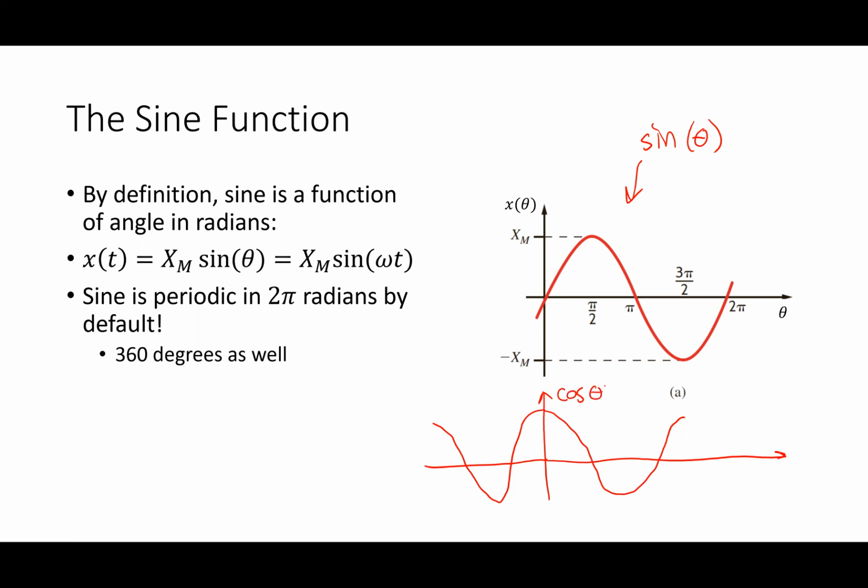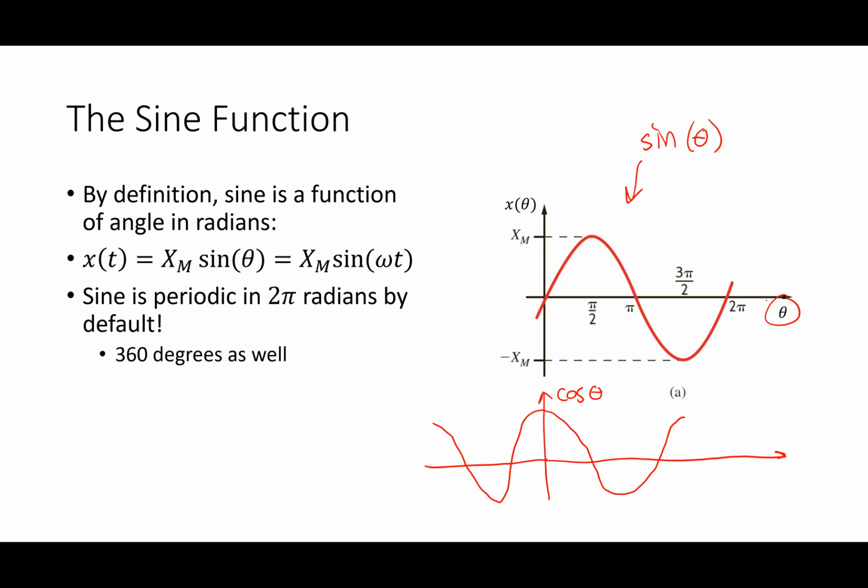Now, one of the important things we talk about in the electrical engineering context is that we don't typically look at things as a function of angle. Sine is by definition a function of angle, but we typically talk about it as a function of time.